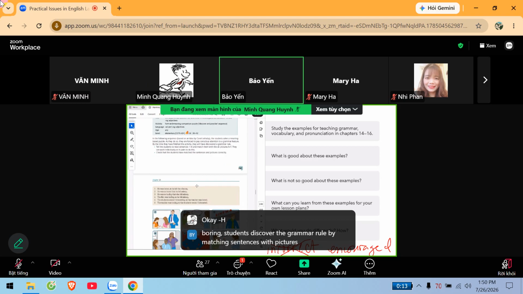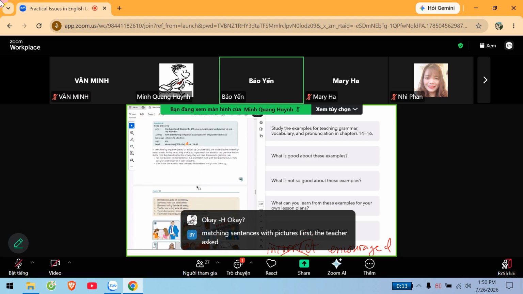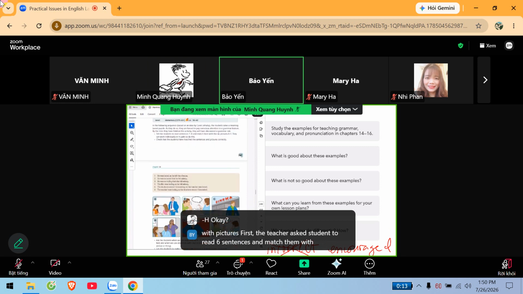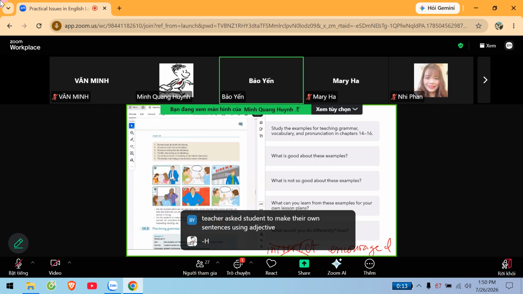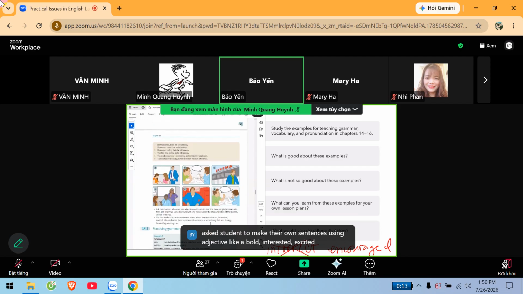First, the teacher asks students to read 6 sentences and match them with 6 pictures. Then the teacher checks the answers with the class, and asks students when we use ed adjectives and when we use ing adjectives. Finally, the teacher asks students to make their own sentences using adjectives like bored, interested, excited, boring, interesting, and exciting.